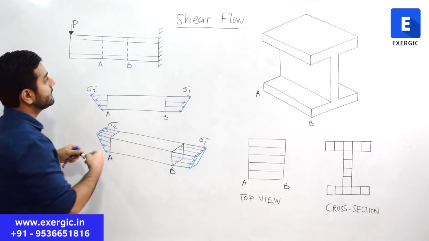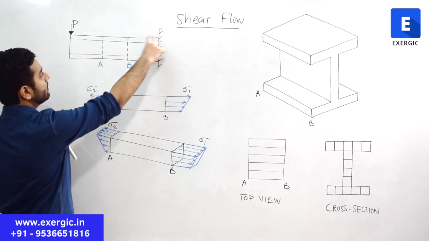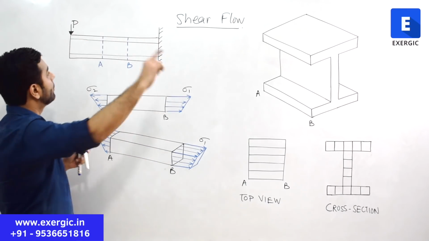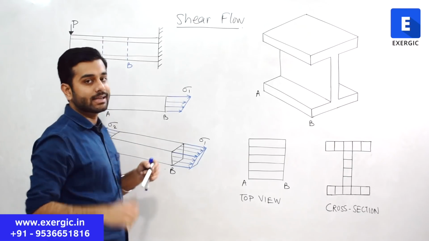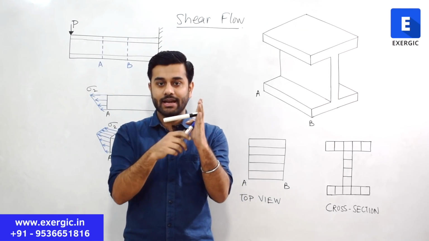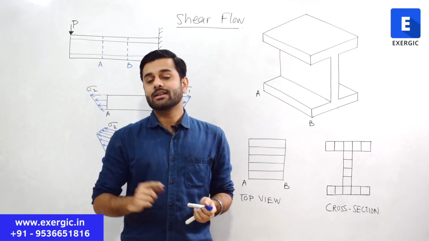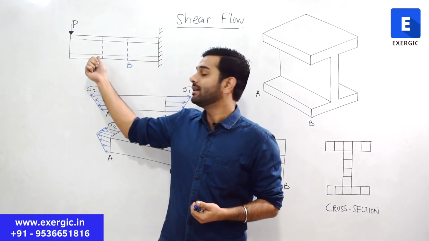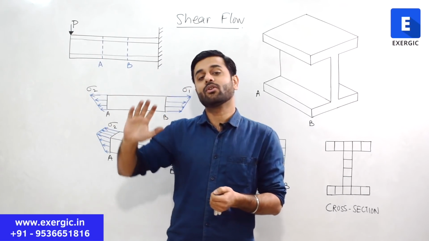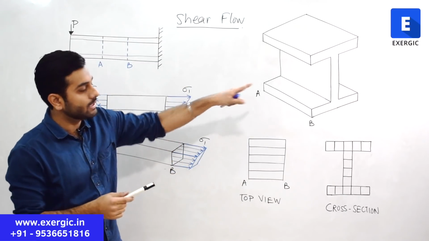You can see that this is a fixed end. This is a cantilever beam, because a load of P is acting on its free end. This is the fixed end, and a load of P is acting here. The cross section of this beam is an I section. We already know what an I section is, where the section looks something like this.